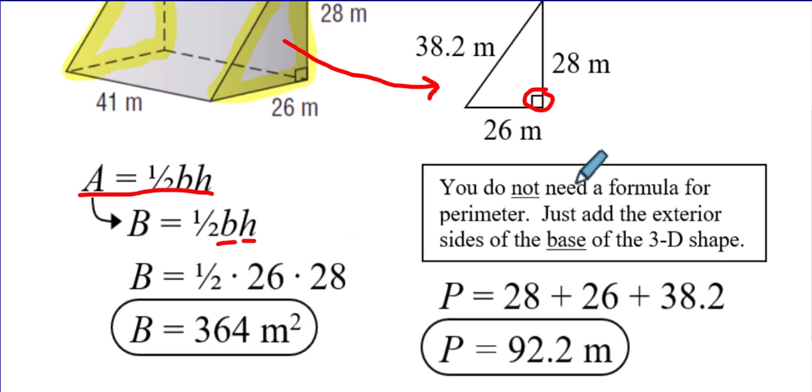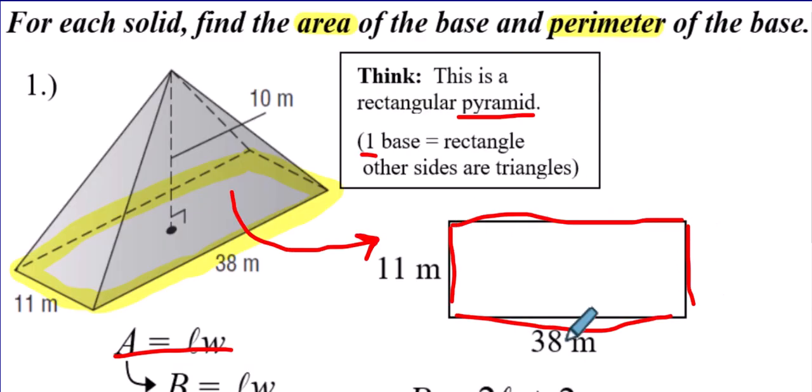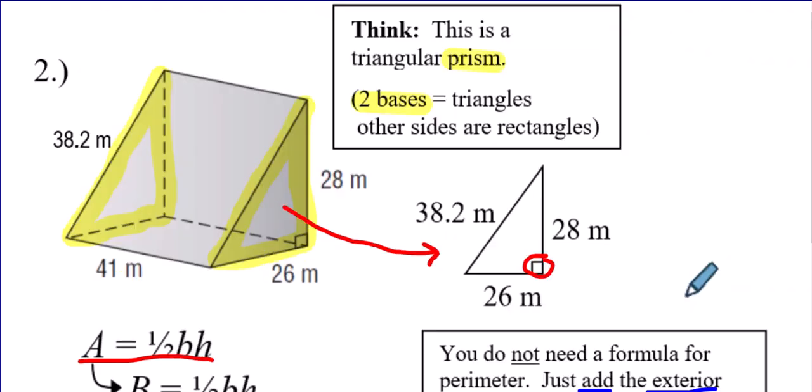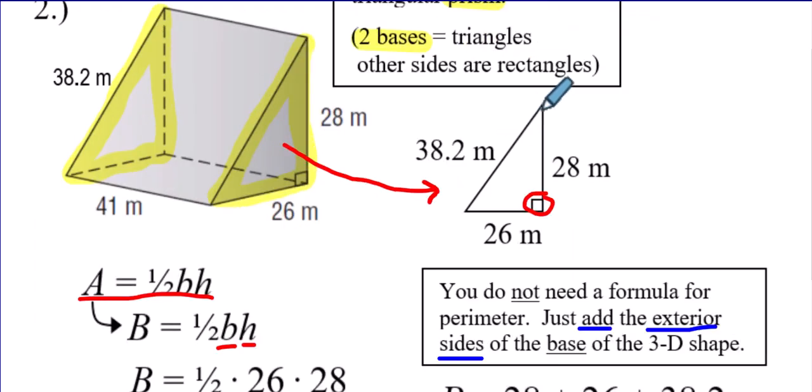Once I get my area, then we get to perimeter, and you do not need a formula for perimeter. You can just add the exterior sides of the shape to get the perimeter. I could have even done that back on problem number 1. I could have just added these exterior sides, realizing there were two 38s and two 11s. So on the triangle, we have sides 28, 26, and 38.2.